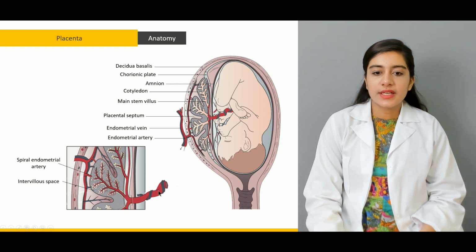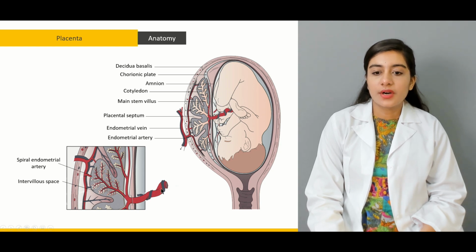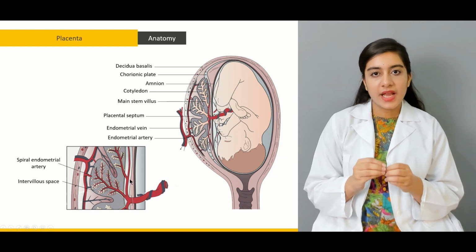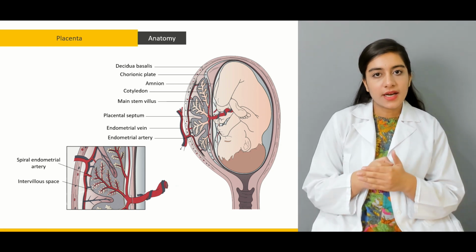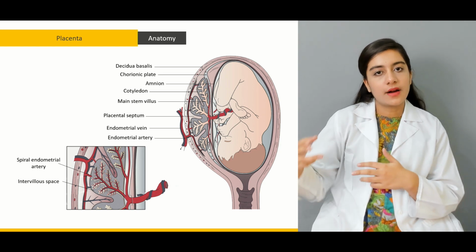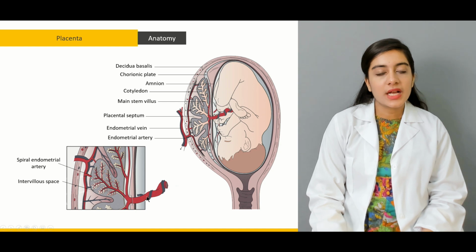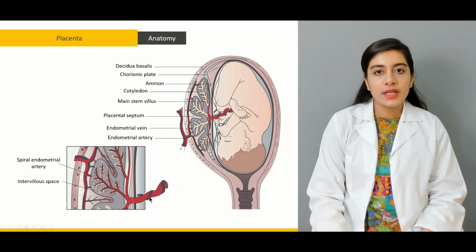If you can see this connection, these veins and arteries basically form the umbilical cord. The umbilical cord consists of one vein and two arteries, and these arteries usually spiral around this big vein. The red portion over here is showing us the vein, and the blue are the arteries.